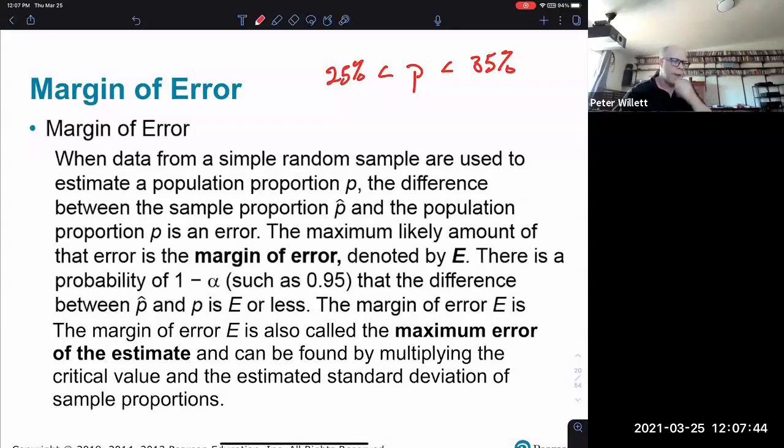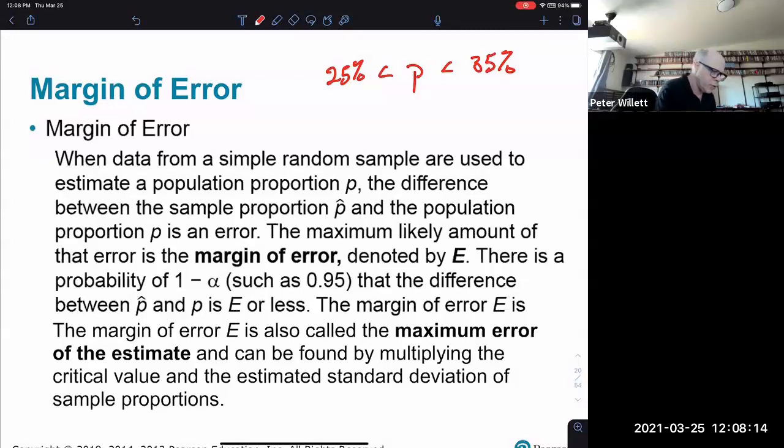Well, I'm still correct if P is anywhere in that range. And the idea in the center of that range is 30%. So the way you get this range of values is you start with your P hat and then you add the amount of error from that P hat above and below your P hat value, and that's how you get your interval.